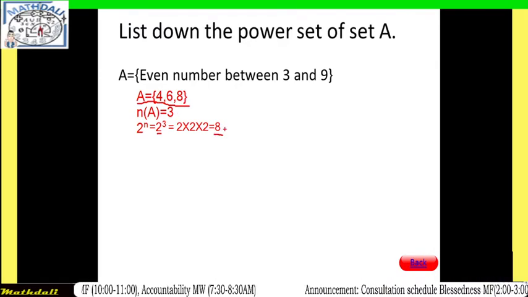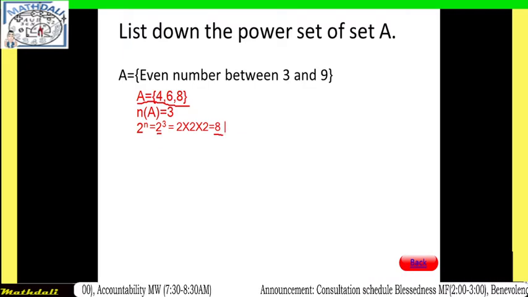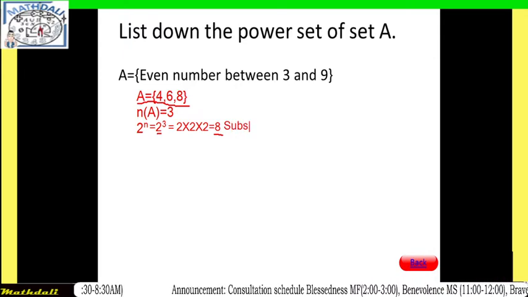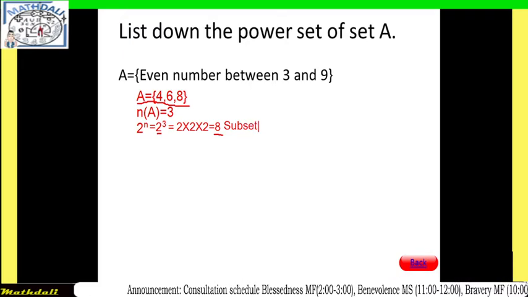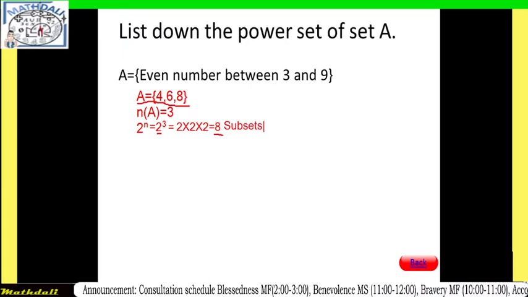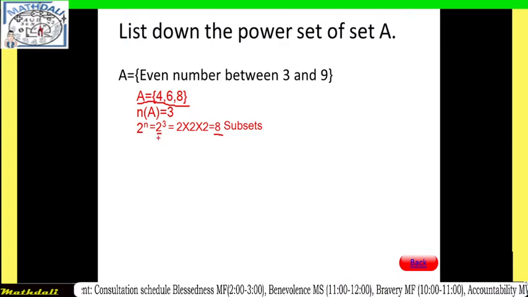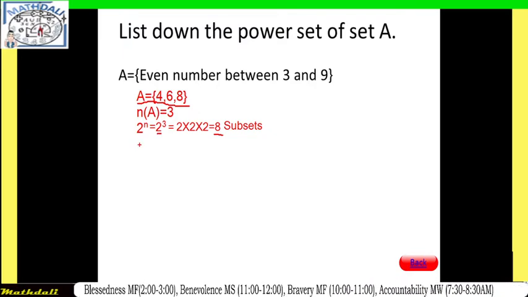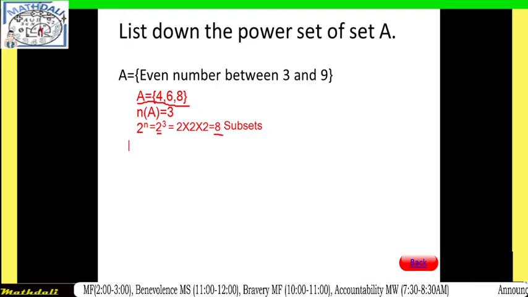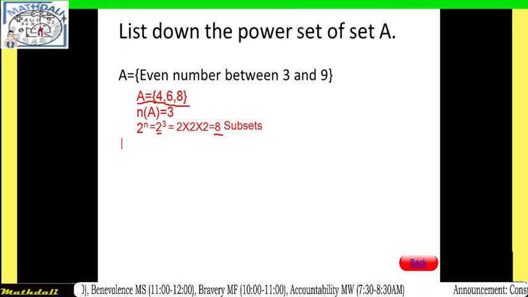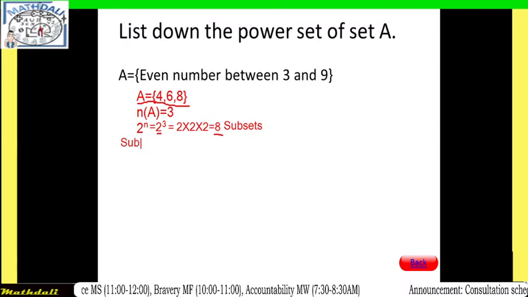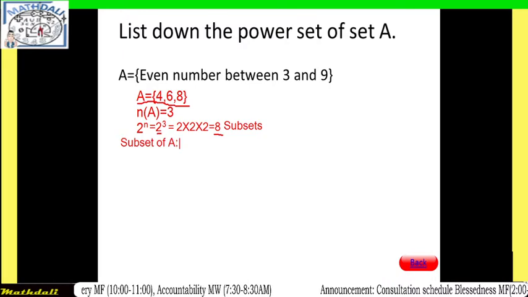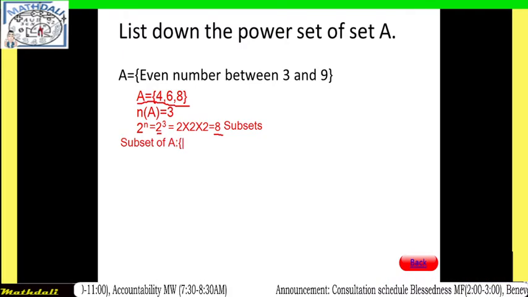We have 8 subsets. If you're asked how many subsets there are, that is the formula. Now we're going to list down the subsets of set A. What are our subsets there? First, we have the null set.